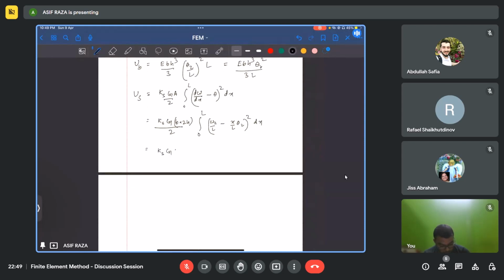Ks G dh integral 0 to L of W2 by L whole square, minus 2 W2 theta 2 x by L square, plus theta 2 square x square by L square, dx.